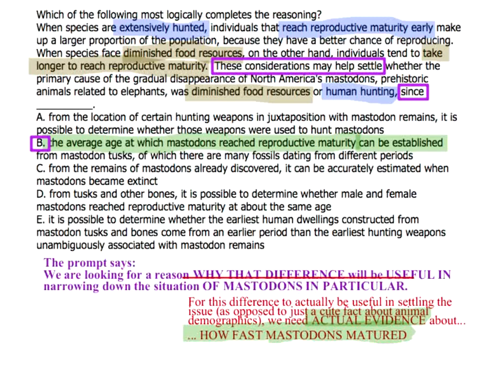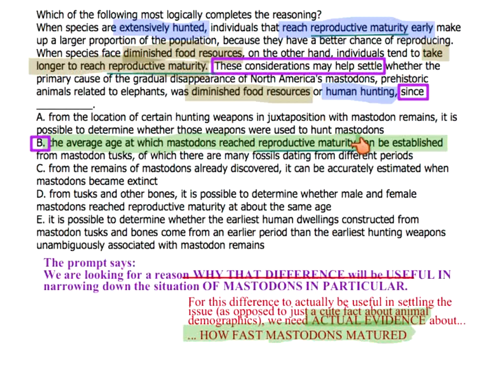So the English is not really the issue here, because you don't care what reproductive maturity means. You just care that that is the same as that, which is the same as that. That's the point. As long as these are the same idea, that's what we care about.